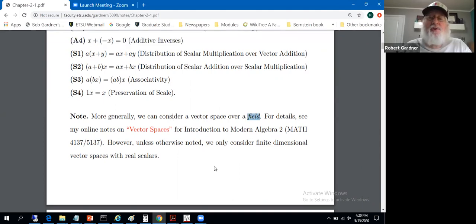I might come at you with, well, how many fields do you know? The real numbers are fields, so we're good on that. How about the field of complex numbers? That's an excellent field. And dealing with vectors and matrices with complex entries is a productive thing to do.